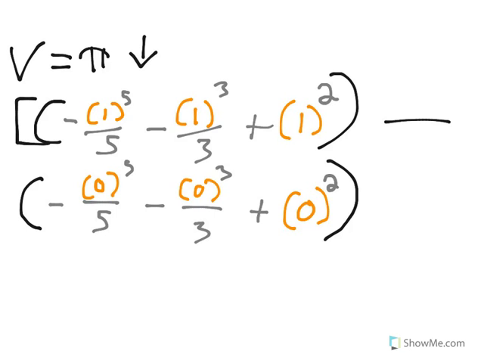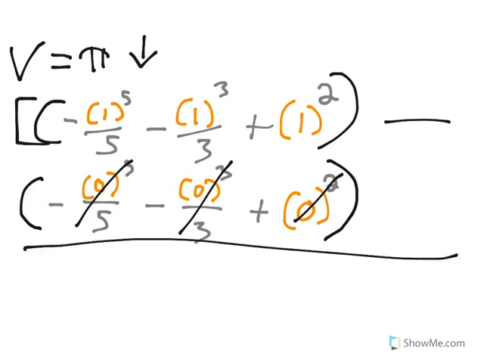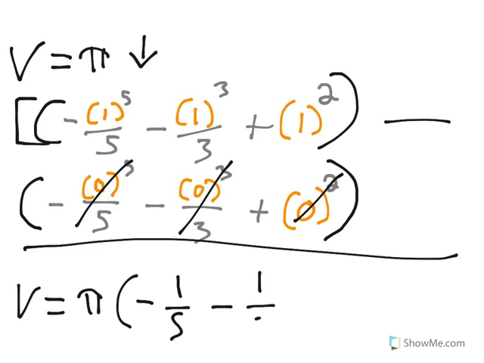Now, as I was talking about earlier, you can actually cross out these zeros, because obviously these all equal 0, and they don't make much of a difference in this equation, which leaves you with v equals pi times, now you don't even have integrand anymore. You literally just have this 1 over 5 minus 1 over 3 plus 1, right? And then you simplify this.